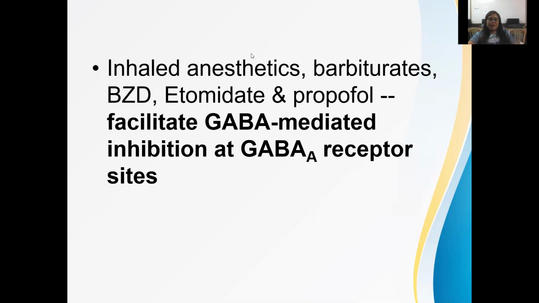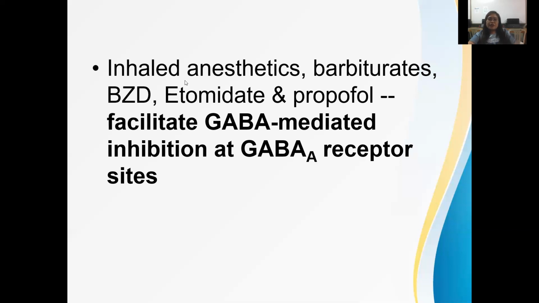Okay? Gina-facilitate nila ang inhibitory function of the GABA. So GABA means gamma aminobutyric acid. It's an inhibitory neurotransmitter. It will slow down the activity of our cells, especially the neurons.